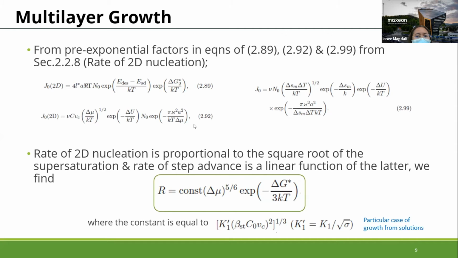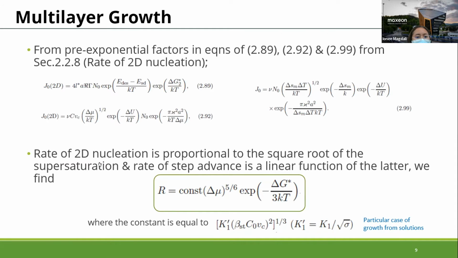Here are other equations. We have a previous section, which is section 2.8. The topic is about the rate of 2D nucleation. From equations 2.89, 2.92, and 2.99, we can derive an equation for the rate of 2D nucleation based on the pre-exponential factors given by these three previous equations tackled in section 2.